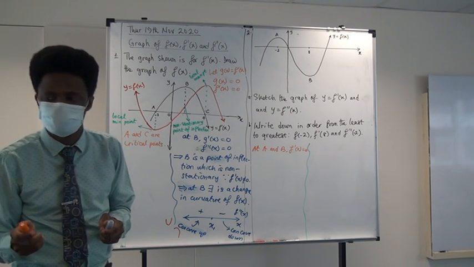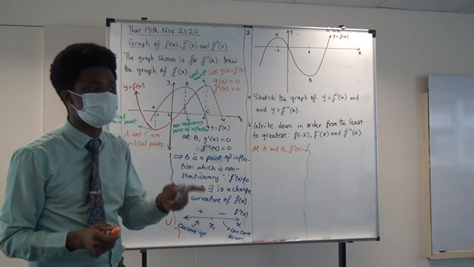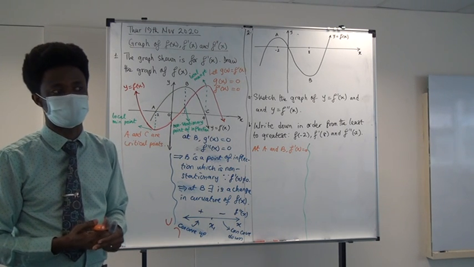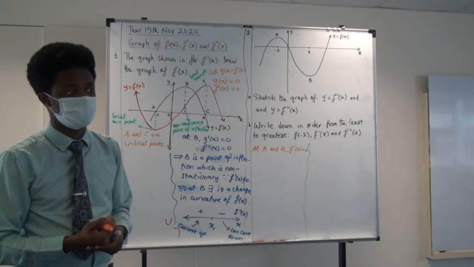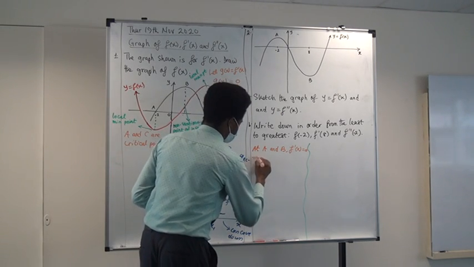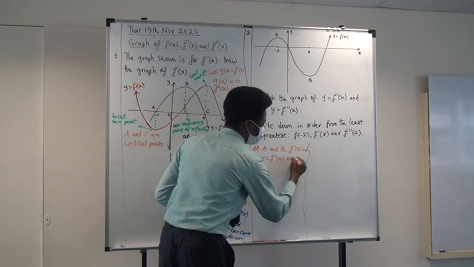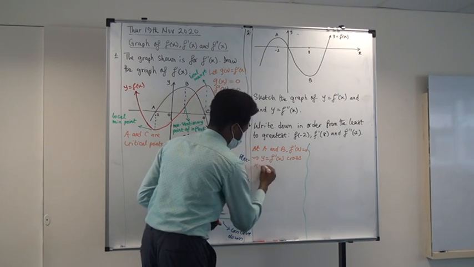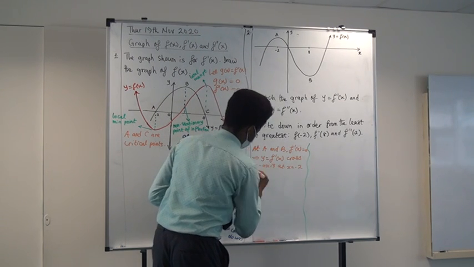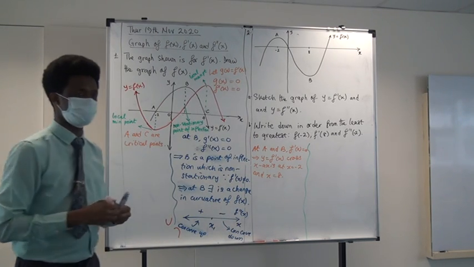Say that again. A and B are the x-intercepts of the graph of the derivative we are looking for, the graph of the gradient function. So that is where it crosses the x-axis, okay? So which means y is equal to f prime of x crosses the x-axis at x is equal to -2 and x is equal to 8. What else do we know?